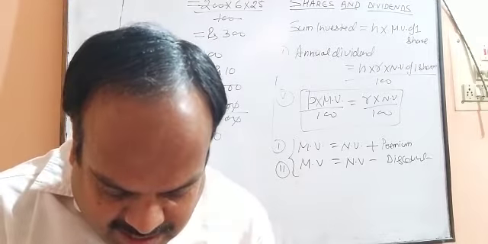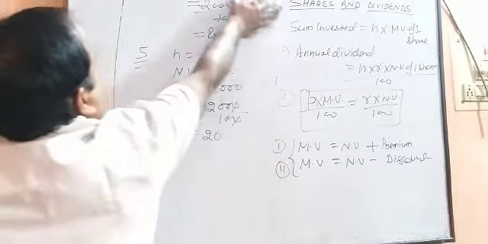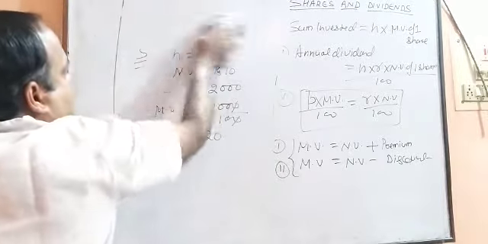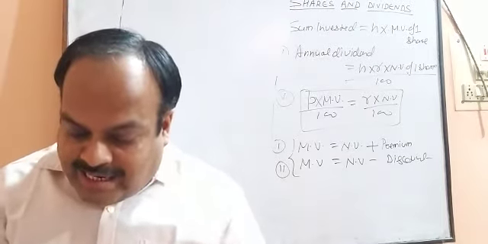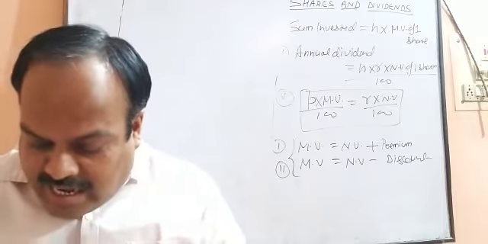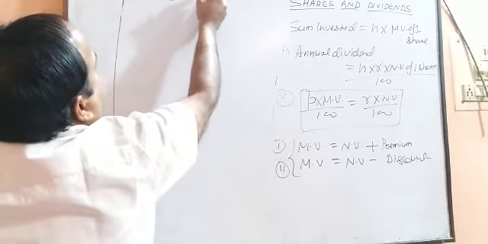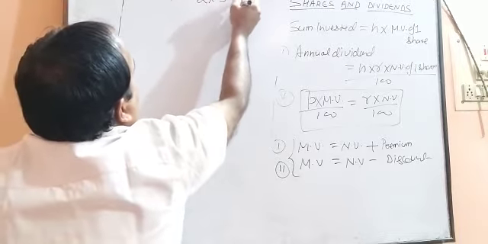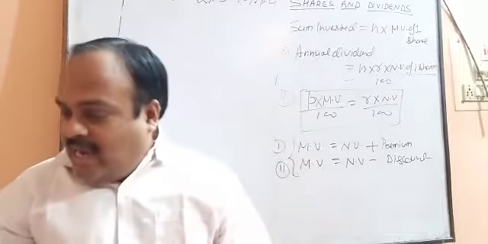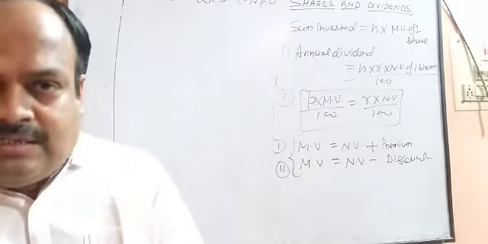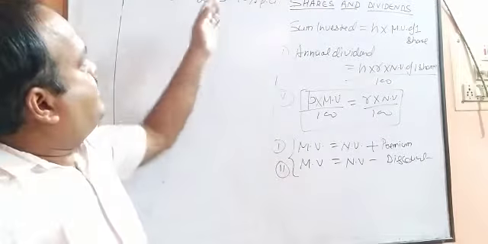Let's do question number 6. A company declares an annual dividend of 5%. So rate of dividend is equal to 2 into 5, 10% per annum. Semi-annually it is 5%, so annually it will be double, 10%.